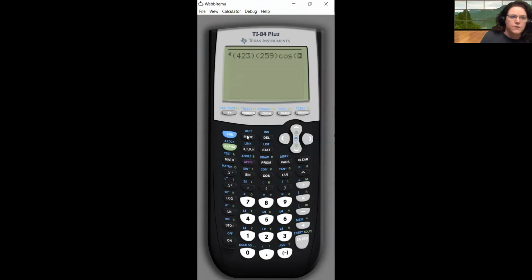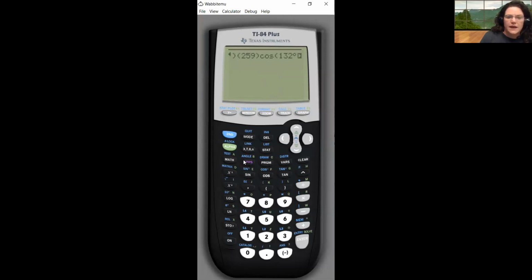So before I finish this, let's make sure I'm in the right mode. I am. Okay, so let me go back to where I was. I hate to type all that in and then find out I'm in the wrong mode. So, okay, cosine of 132 degrees.